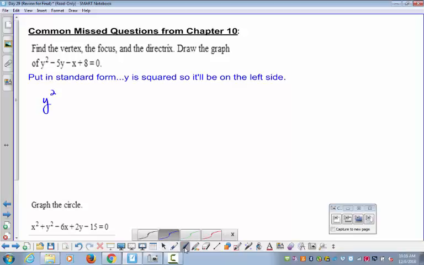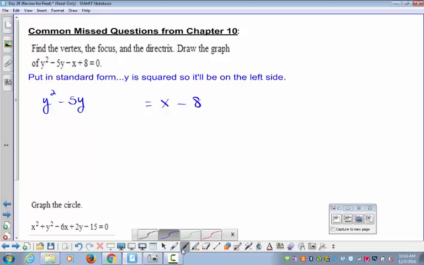So y squared minus 5y minus x, and then I'll put the constant on the other side. The negative 8 will go to the right. Whoops, and the x should go to the right too, actually. I was thinking I was dealing with a hyperbola or an ellipse for a moment, but I'm not.